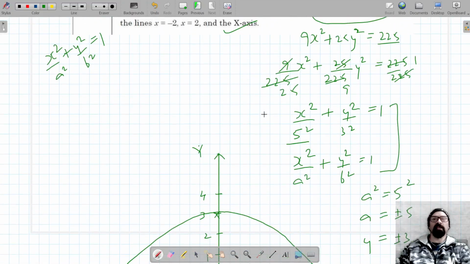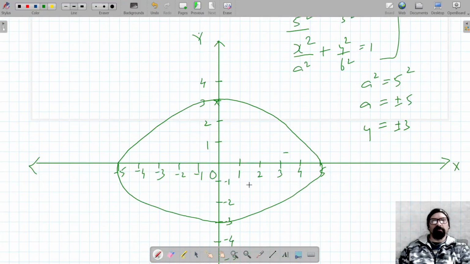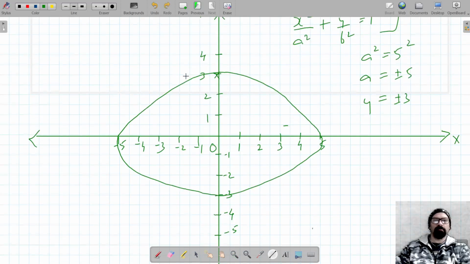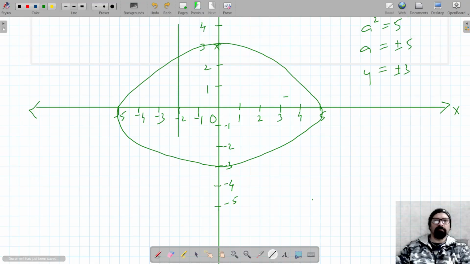Now, there are two lines, x = -2 and x = 2. So x = -2 is here, and x = 2 is here.